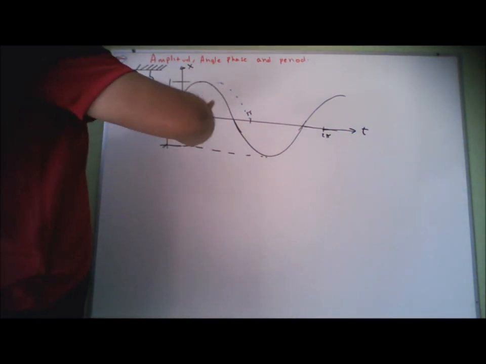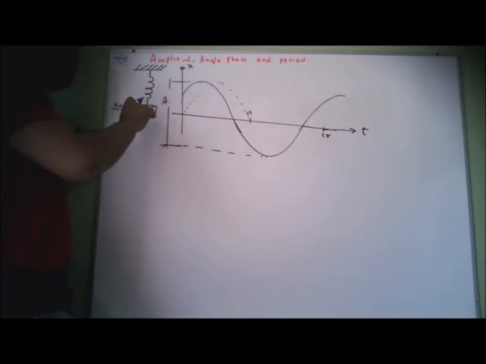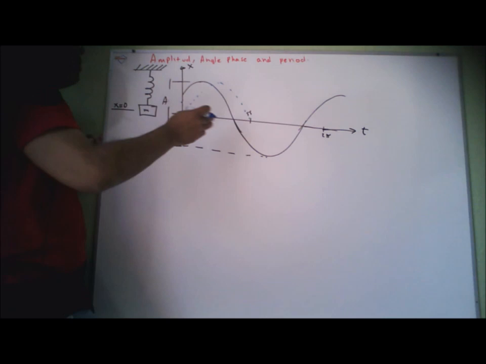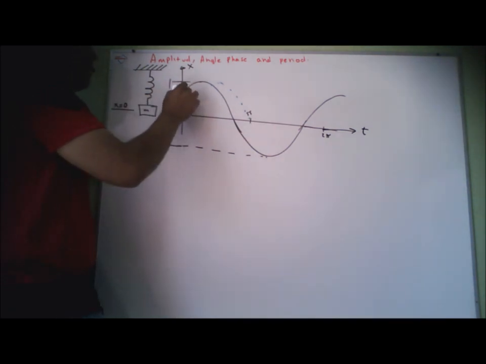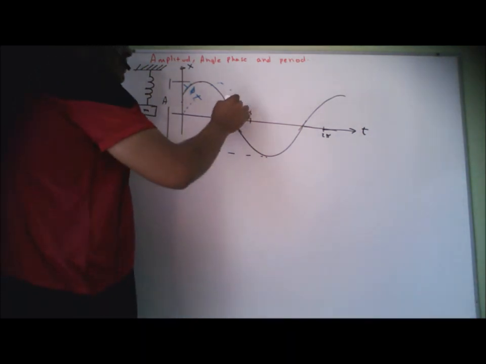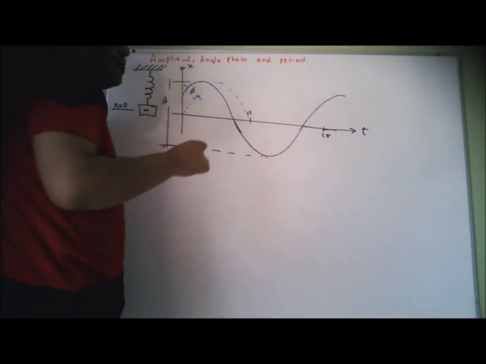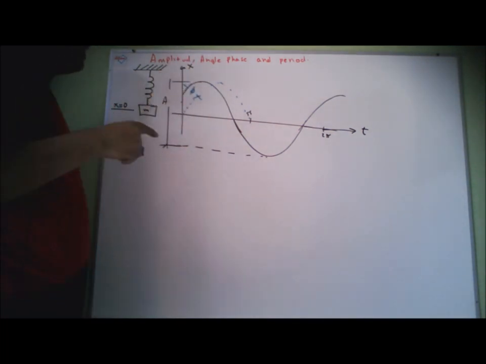It could be shifted to the left or to the right, and that will depend on the initial conditions, such as whether it is pulled down or pulled up. What they are asking about is this angle phase. This distance is called phi. It is how many degrees it is shifted, not how many times it is shifted. It is just the phase, the angle phase.